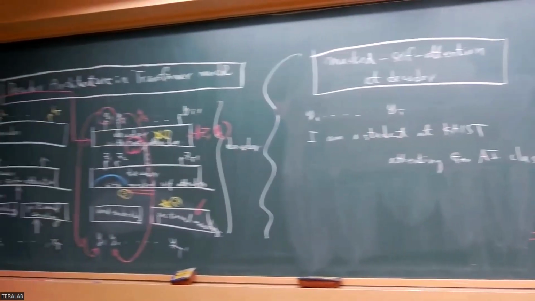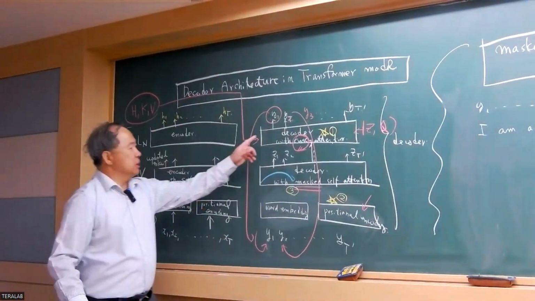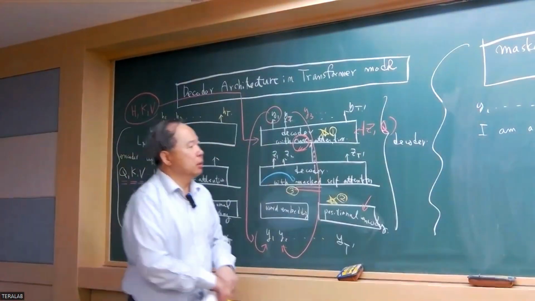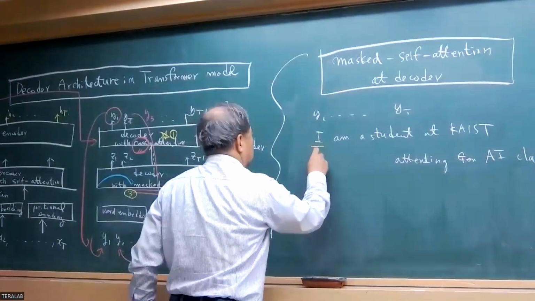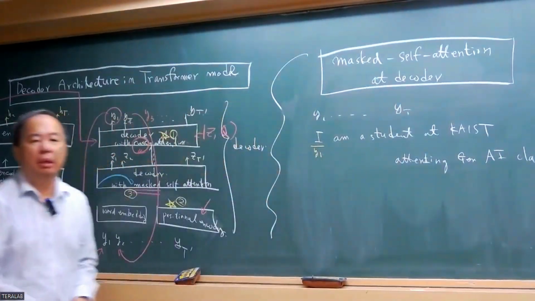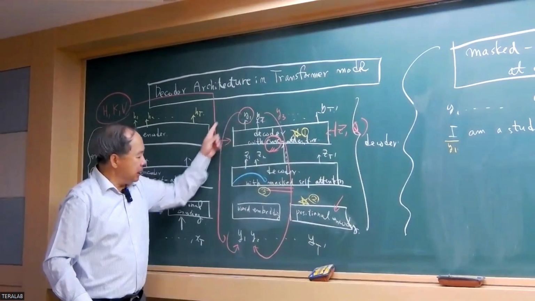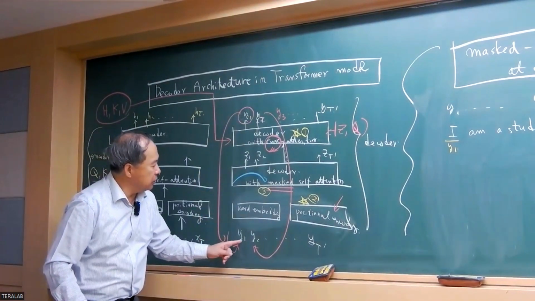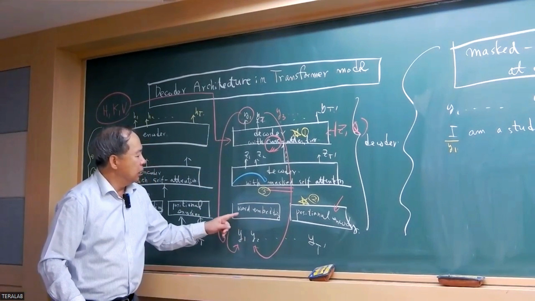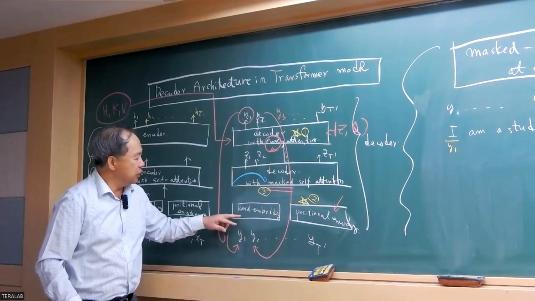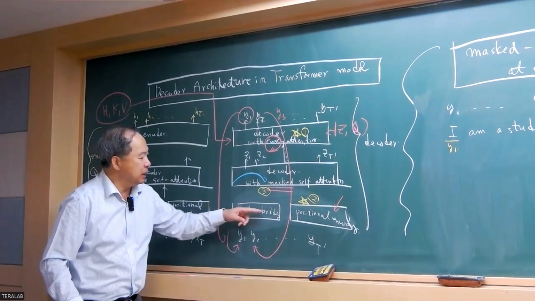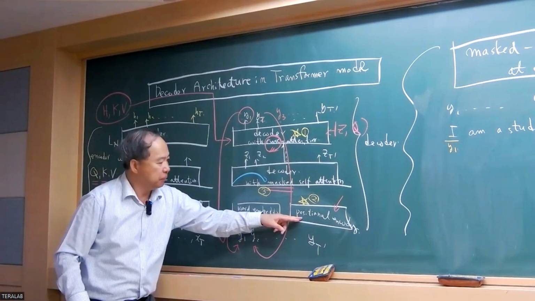As I mentioned before, the first decoder output y1 will be this one. That is going to be input of the decoder, and that will be converted to a token by word embedding and positional encoding.